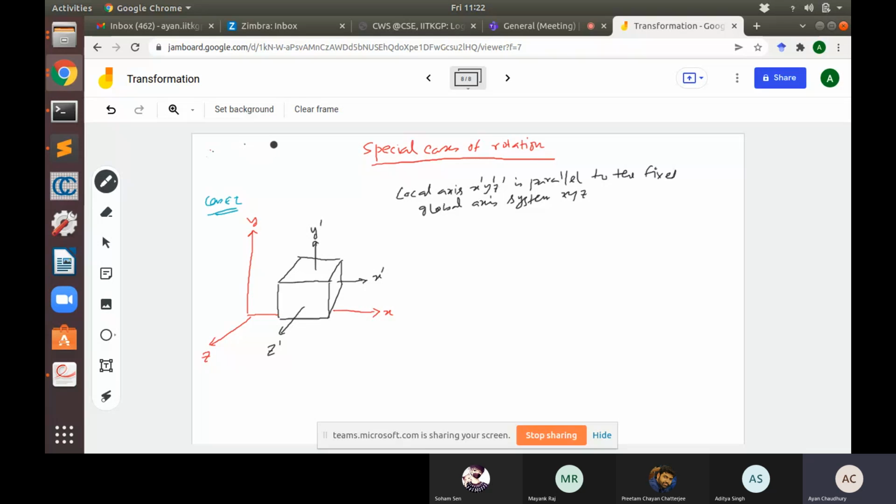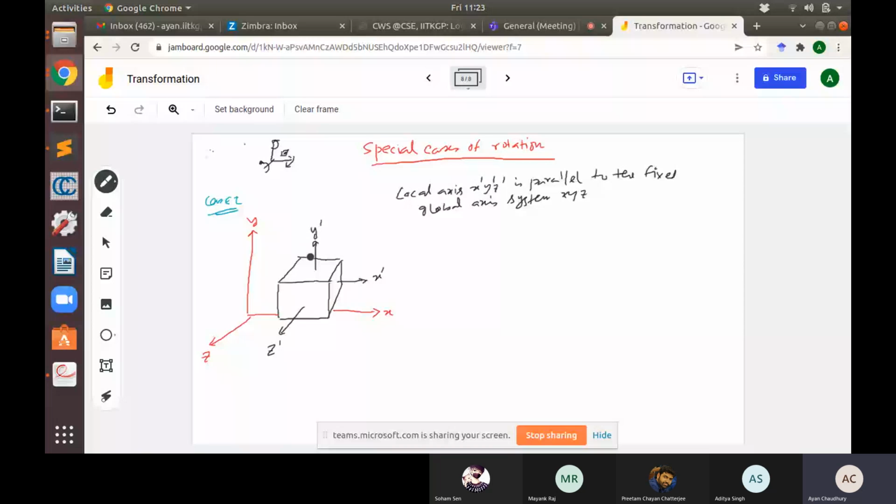So previously what happened? We had a coordinate system, and if we have an object here, we were always told to rotate by theta degrees around y, rotate by delta degrees around x, or rotate by some other angle around z. But now this is parallel to the coordinate system, so you don't have access to that axis. Then how to do the rotation in this case, because my coordinate system here is different?